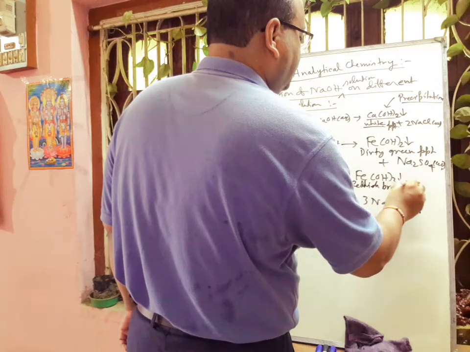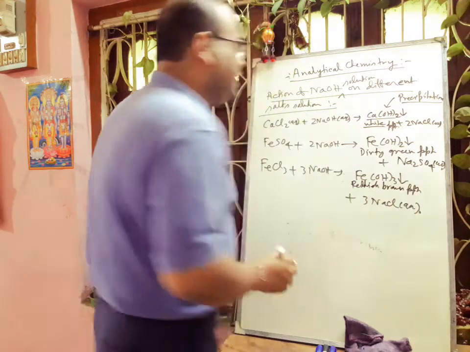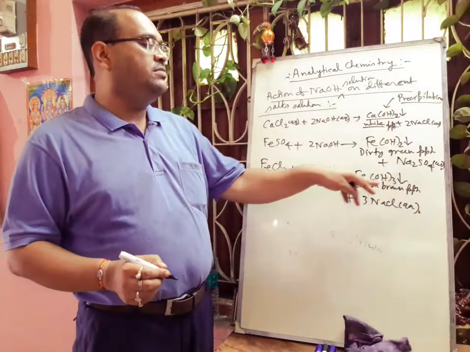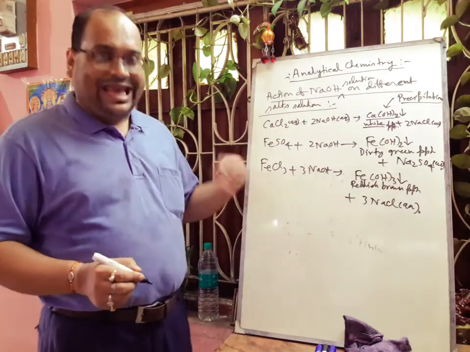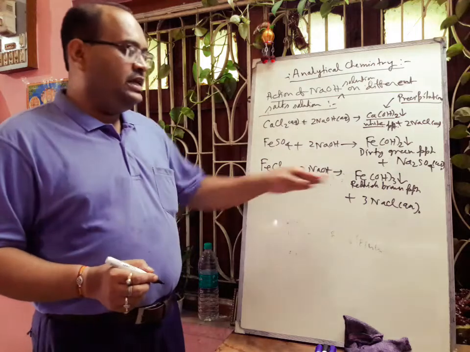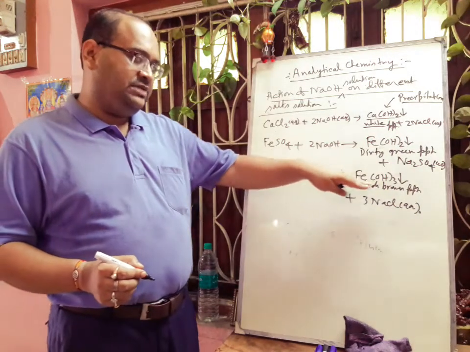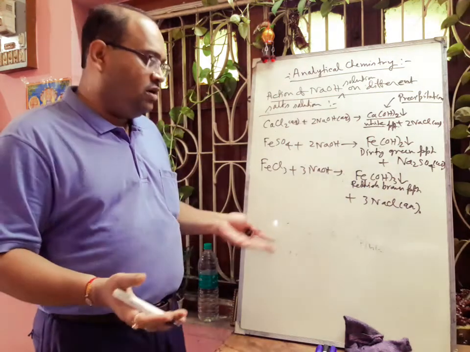In this case, if we add a little NaOH, there will be formation of reddish brown PPT. And if we add excess NaOH, it will remain insoluble, with the same observation, the precipitate will not dissolve.